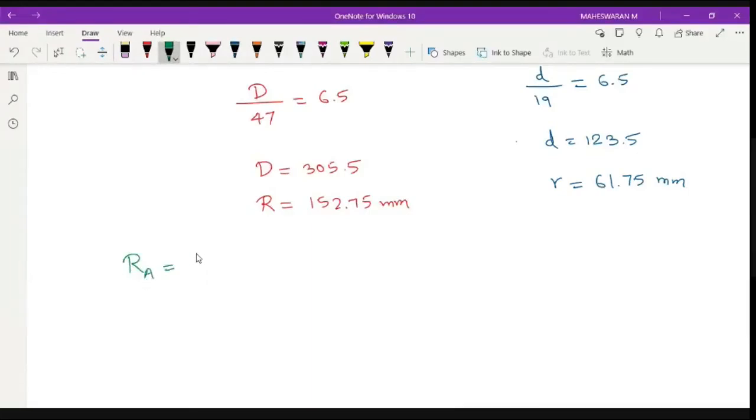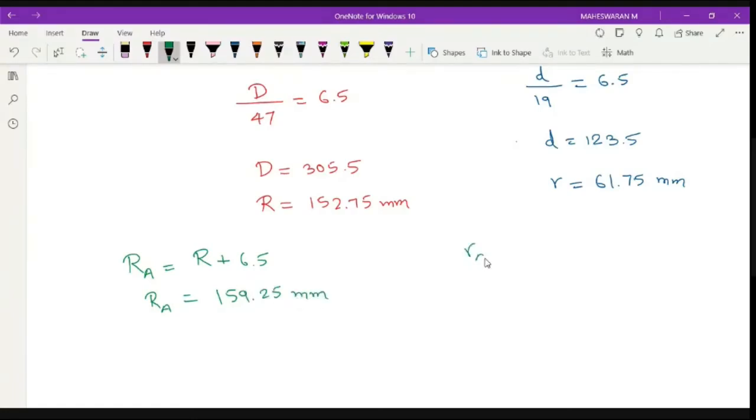Now I will identify capital RA. RA is R plus 6.5, so just add this to 152.75. Capital RA is 159.25 mm.